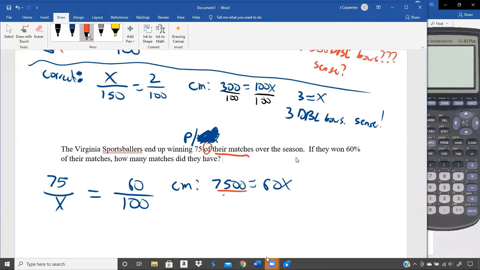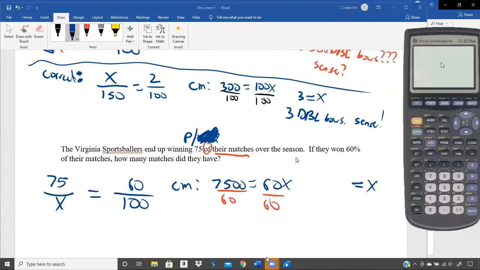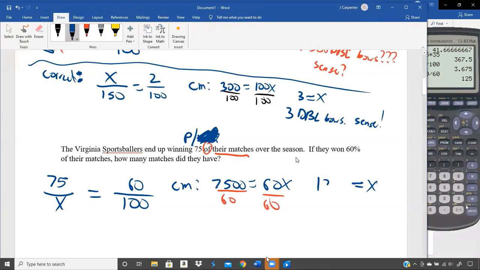We're going to then divide both sides by 60 to finish this off. And we will end up with x is equal to, we got 7,500 divided by 60. And that's going to be 125. Hold on one second.